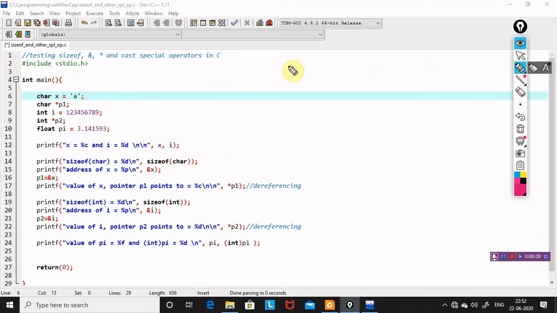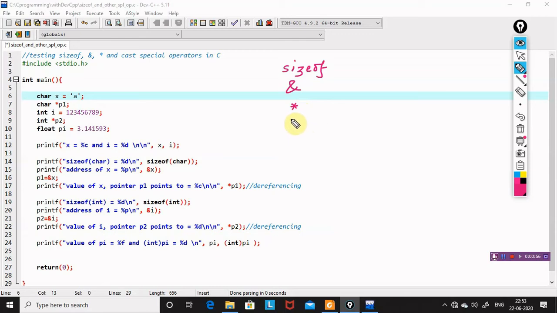The first is the sizeof operator. Then is the address of memory operator, symbolized by the ampersand symbol. Then we have the dereferencing operator associated with pointers, symbolized by the asterisk symbol. Now this must not be confused with the multiplication operator.